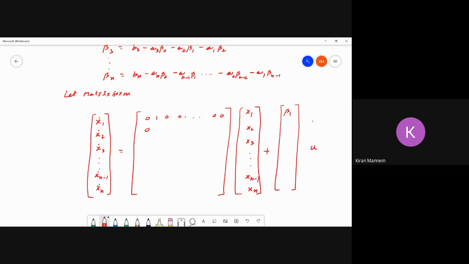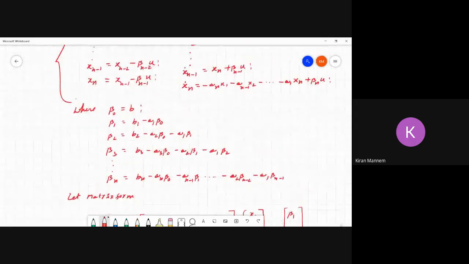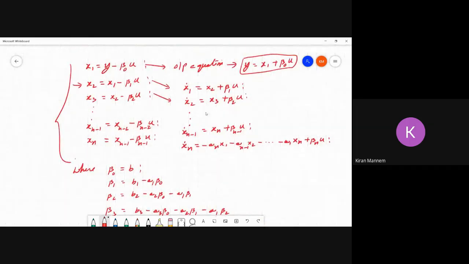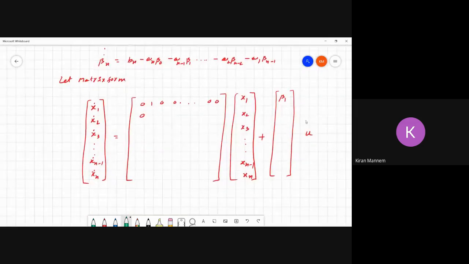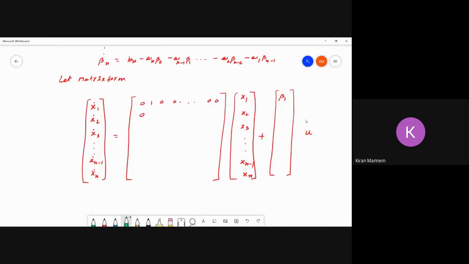So now we'll get x dot 1. So x dot 1 is equal to x2 plus beta 1 u, right? So let us look at that. So x dot 1 is equal to your x2 plus beta 1 u. Did you get the equation? First equation, right? So similarly for all other values.